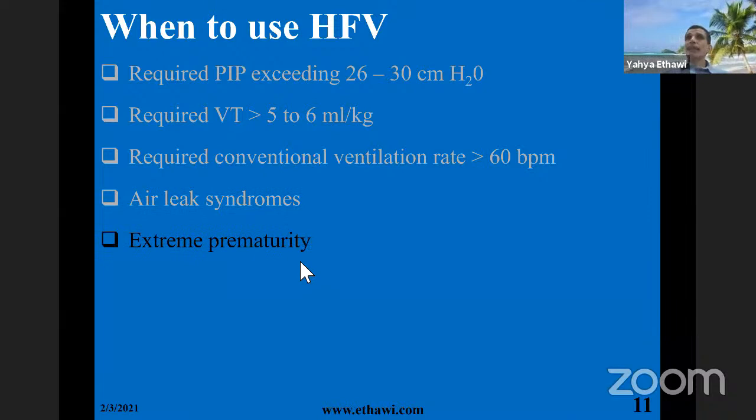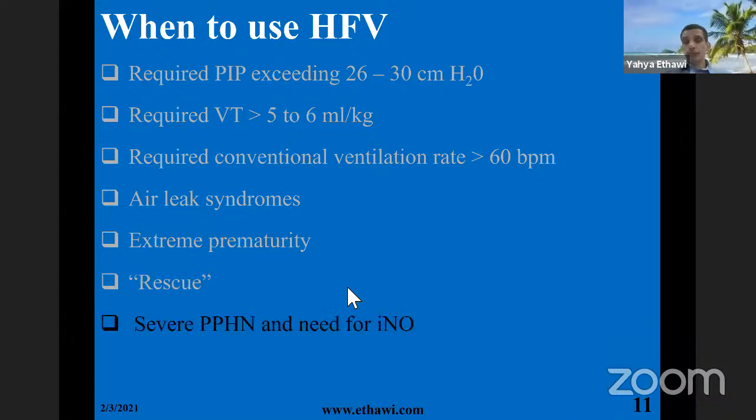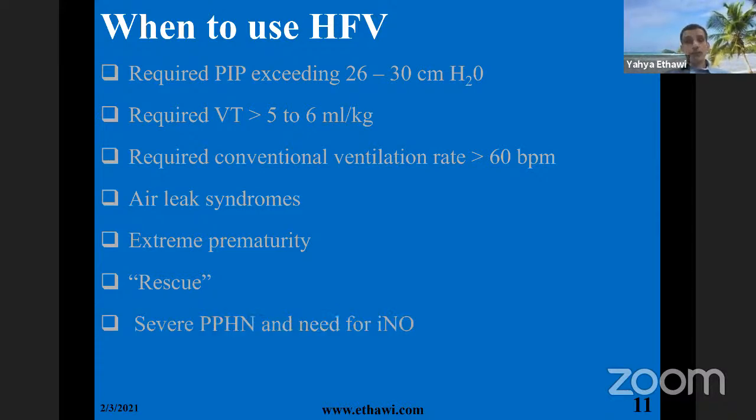Sometimes you can start electively in a very extreme preterm baby, and sometimes when the conventional ventilator fails, you do it as a rescue. If you have severe pulmonary hypertension that needs inhaled nitric oxide, mostly you will use high frequency ventilation.